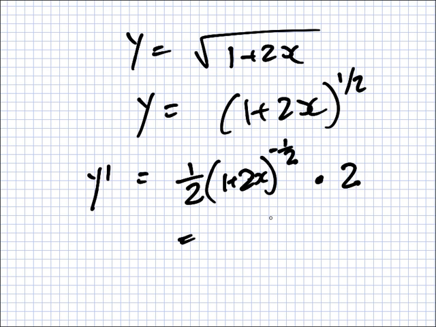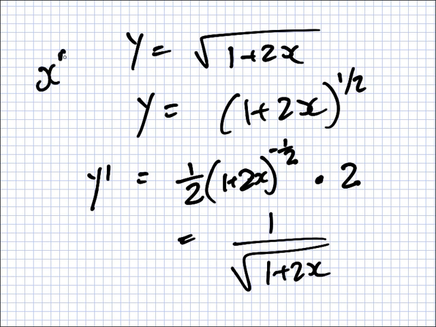So the answer is 1 over root 1 plus 2x. That's where the minus half comes from. Bring down the power, reduce the power by 1.